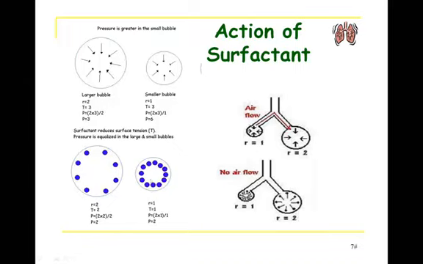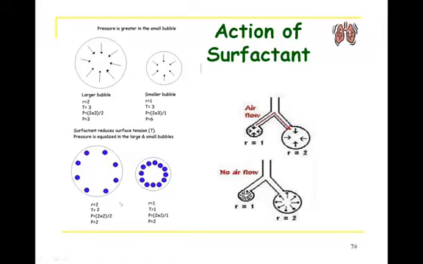We have the same number of surfactant molecules, but in the larger alveolus they're further apart, so the surface tension is greater than in the smaller alveolus, because these guys are closer to each other, which reduces surface tension even more than you see in the larger alveolus.